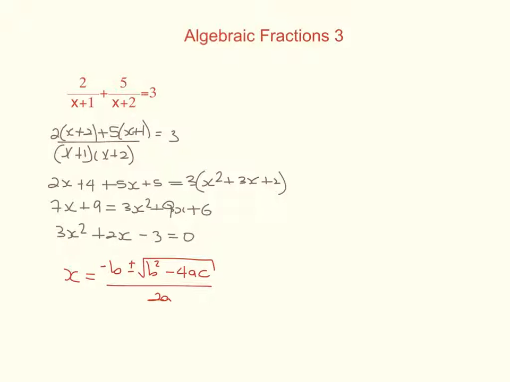Looking at my quadratic equation, that's a, that's b, that's c. So I'll define them. a is equal to 3, b is equal to 2, and c is equal to minus 3.